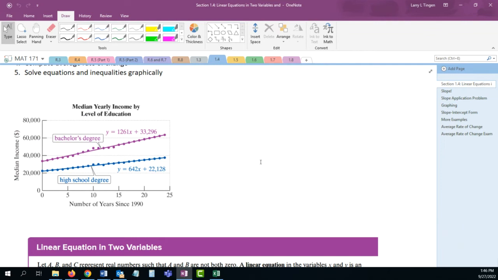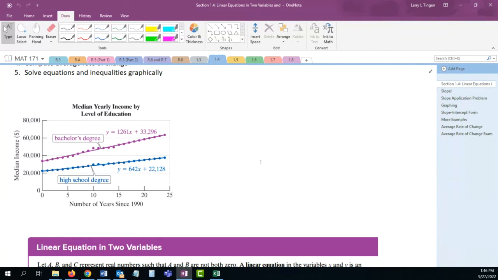So you can see as time progresses, both groups seem to be getting raises, right? Their income is increasing, but the bachelor's degree started higher and is rising, so it started higher and it's ending higher.